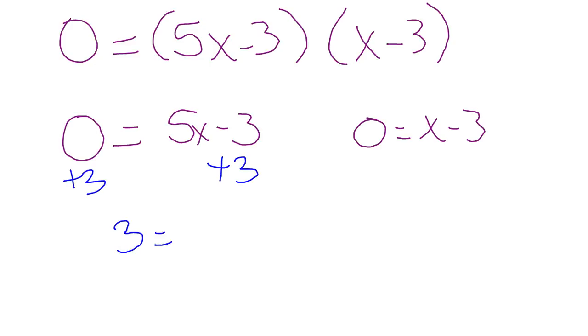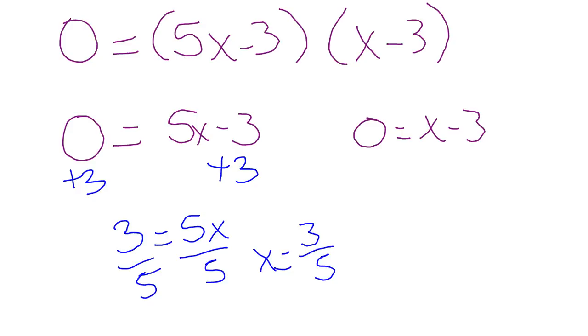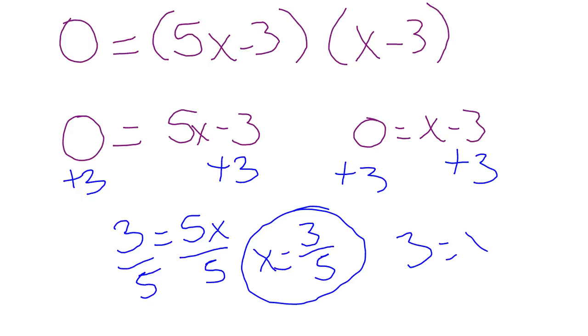So 3 equals 5x, and I need to divide by 5. So I'm left with x equals 3/5. And in this case, I just have to add 3 to both sides. So I get 3 equals x. So this would cross the x-axis at 3/5 and 3.